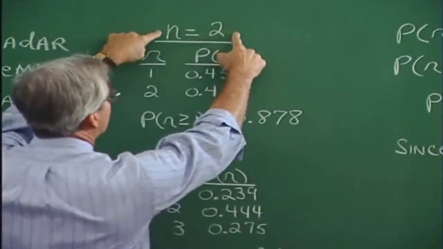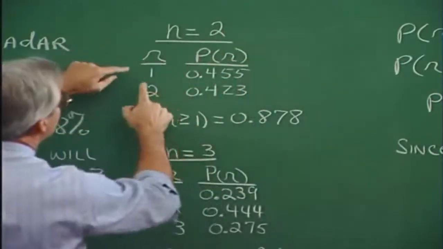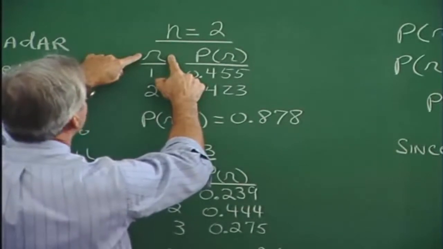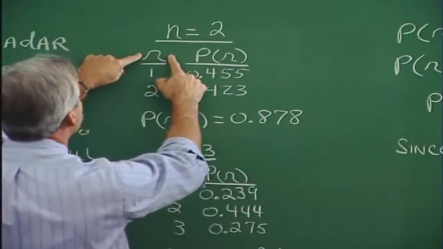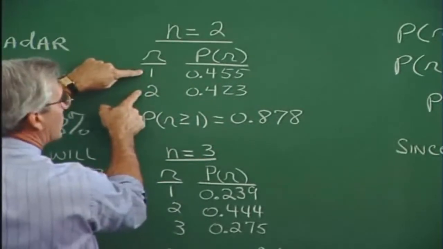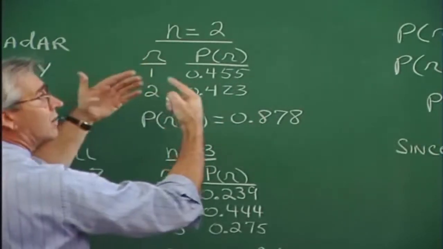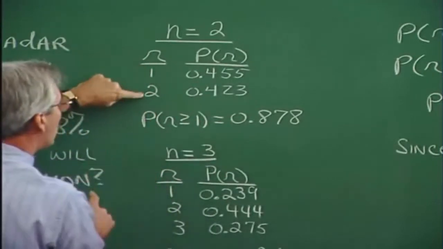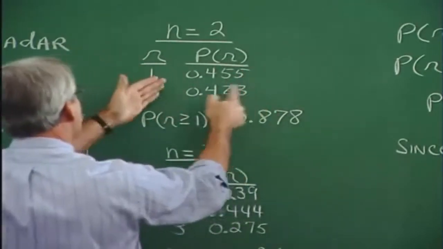If we're talking about having 2 stations, then the number of stations that will detect the enemy aircraft could be 1 or 2. Well, it could be 0, but we want that R value to be greater than or equal to 1. So we only need to calculate R being 1 or 2. And these are the probabilities associated with them.